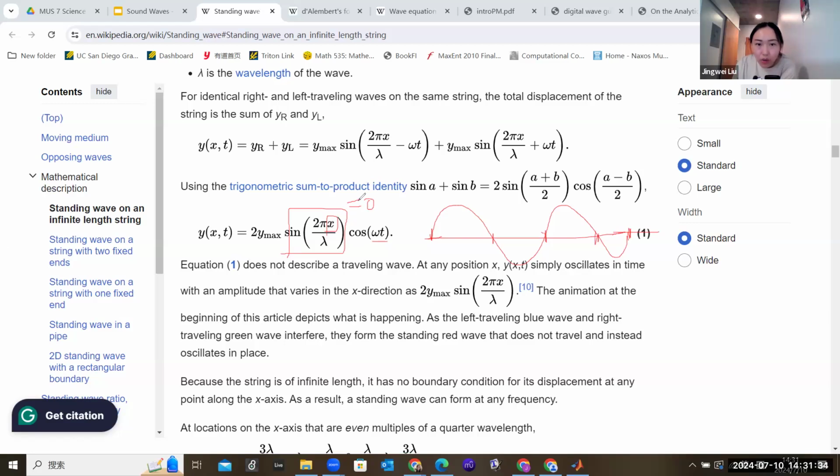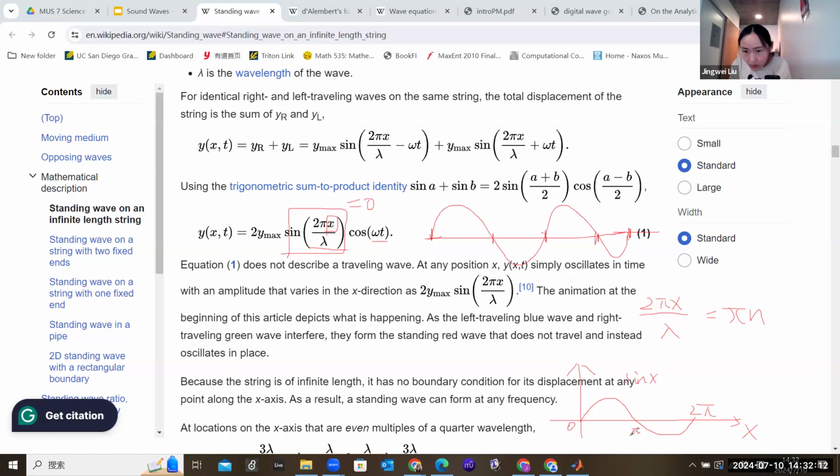When will the sine equal 0? We know that sine is a periodic function, and when we want this to be 0, this term, 2 pi x over lambda, should equal pi n. Because for a sine wave, if you remember, this is 0, this is pi, this is 2 pi.